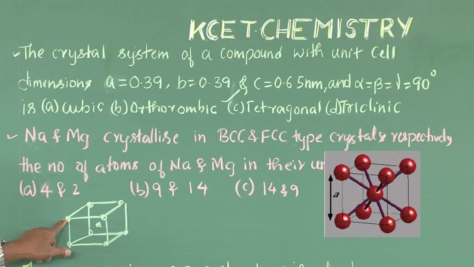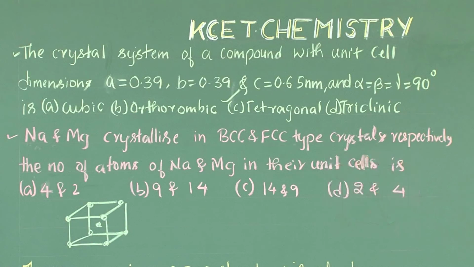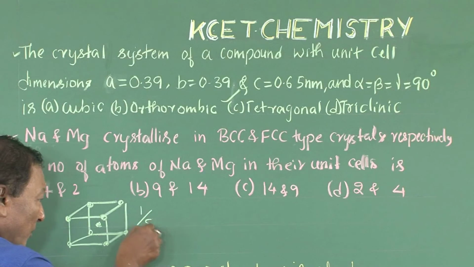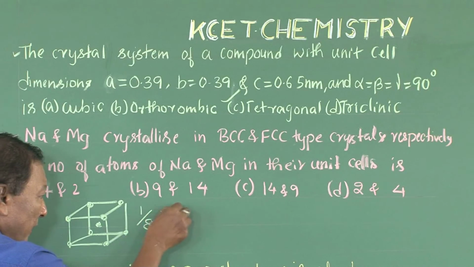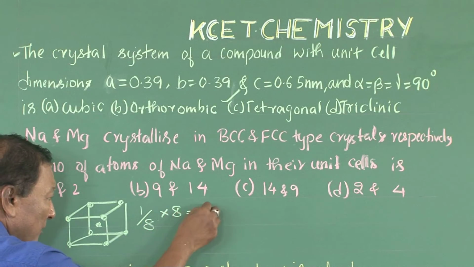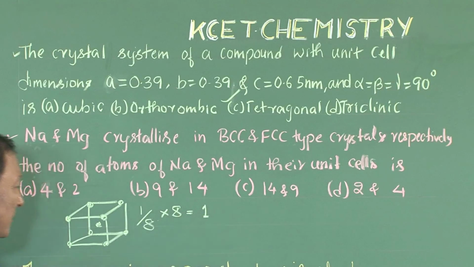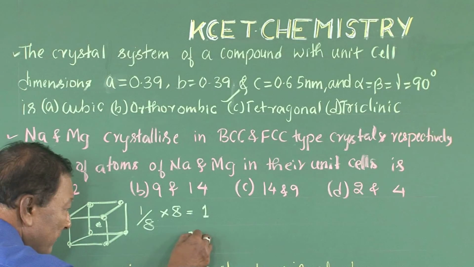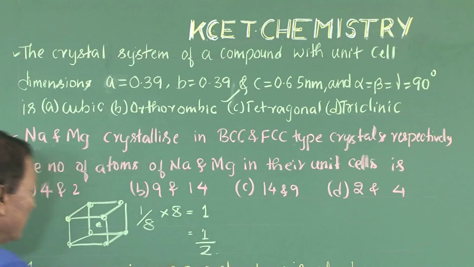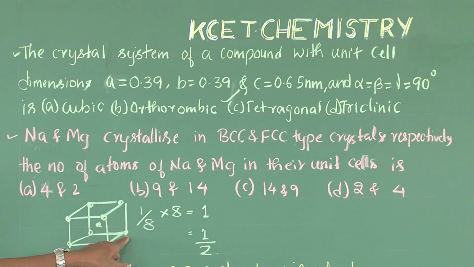From 8 corners of the unit cell, the number of particles will be 1, because it is 1/8 from 1 corner, and into 8 from 8 corners, the particle is 1. Body-centered particle, it is a particle of that unit cell. Therefore, in case of the sodium, the number of particles is 2.